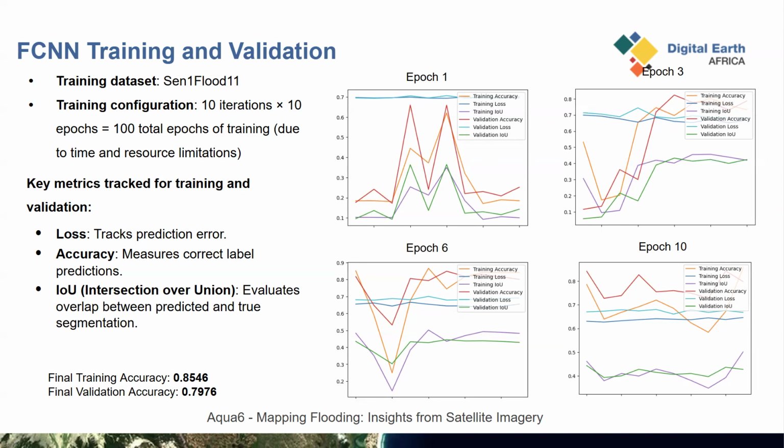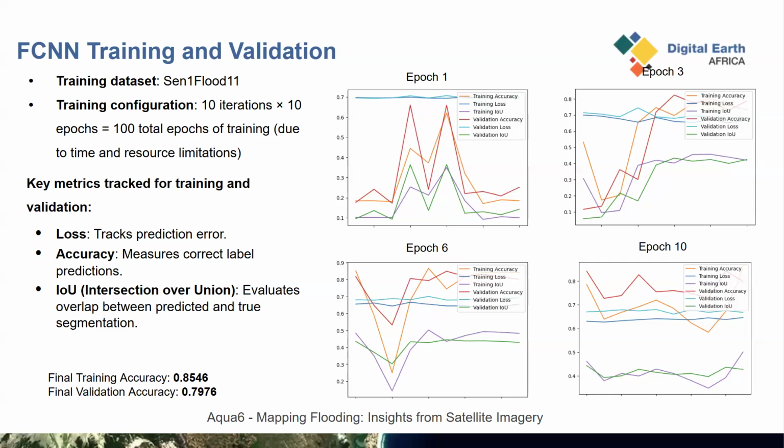What we see with the accuracy and the intersection over union is that it typically starts low. It fluctuates, but it starts at around 20%, going as high as 60 in some instances, but it's pretty low. We see the same for the intersection over union, but it does increase as the learning progresses.